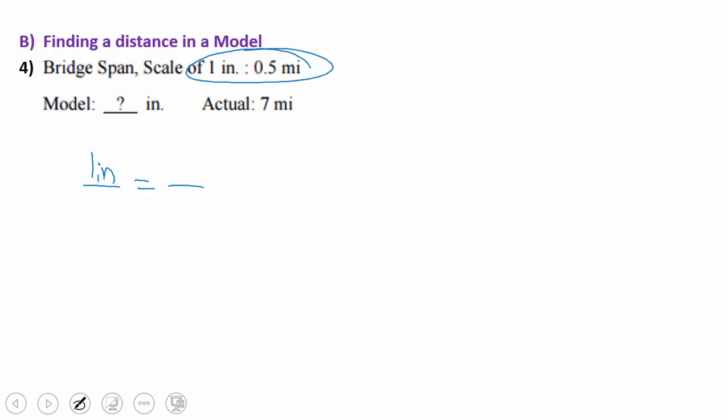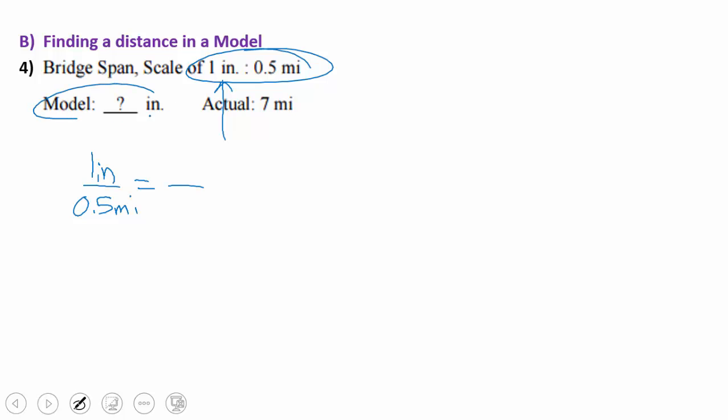So 1 inch to 0.5 miles. Some of you may have noticed that typically in scale, the first unit given for the model or the drawing is 1. It doesn't have to be, it's just typically 1. What if it said 2 inches to 0.5 miles? Then that's okay. It doesn't have to be 1, but it mostly is.